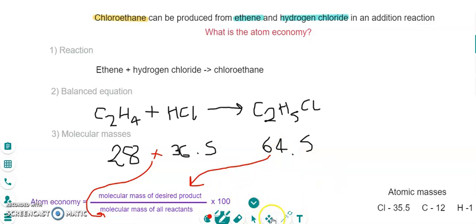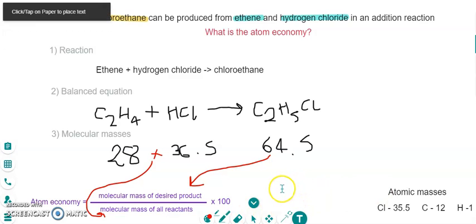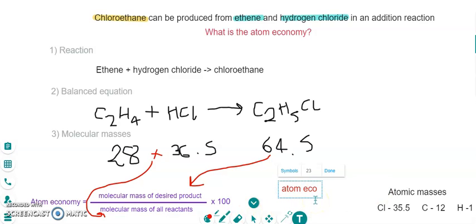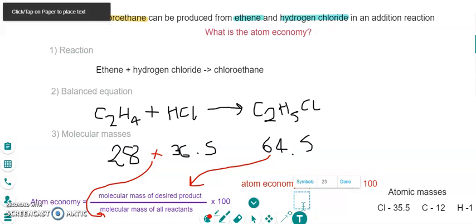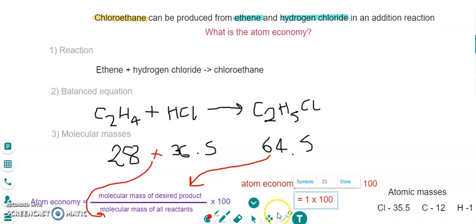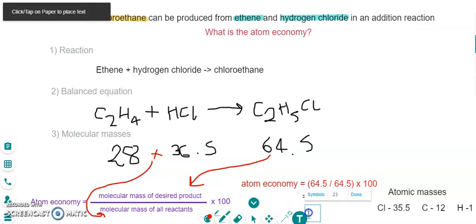So essentially, our atom economy is equal to 64.5 divided by 64.5, all multiplied by 100. This is the same as 1 times 100. And so we can see from this equation that our atom economy for this reaction is 100%.